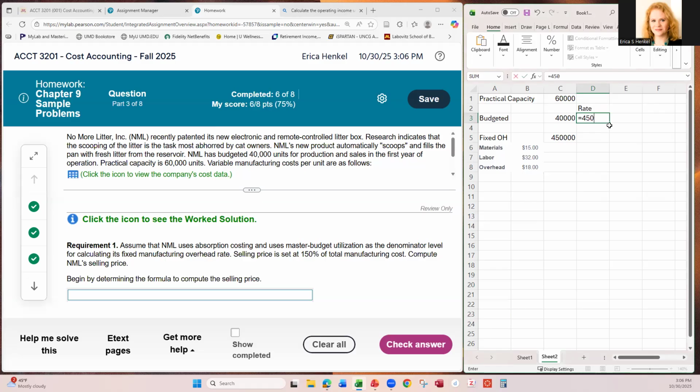So $450,000 divided by 40,000 units, that's our fixed overhead rate that they're going to charge per unit, okay? Of 11.25.